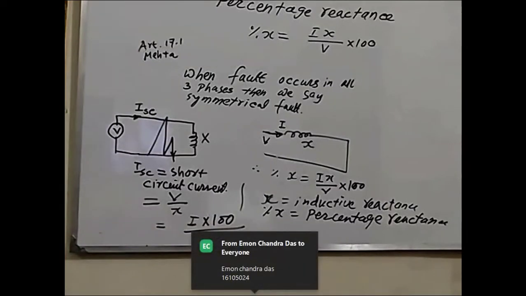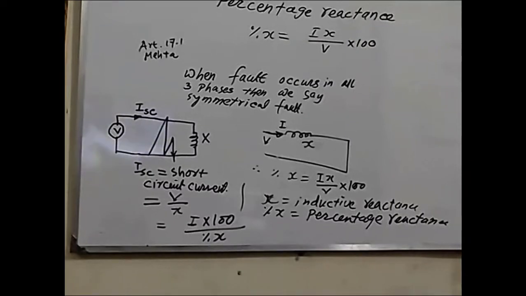You see, now we can write short circuit current equal to V by X. V by X equal to I into 100 divided by percentage reactance.